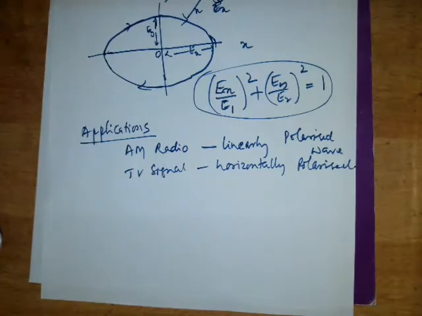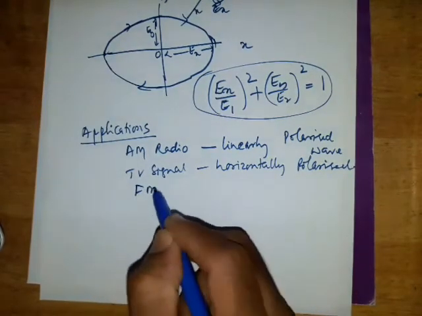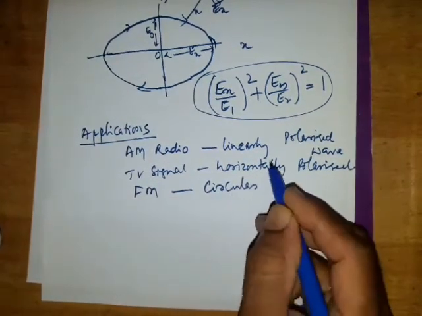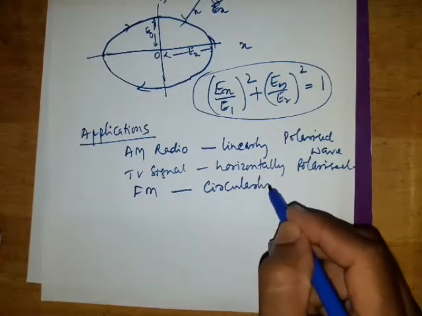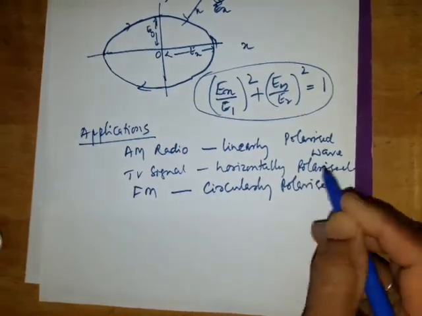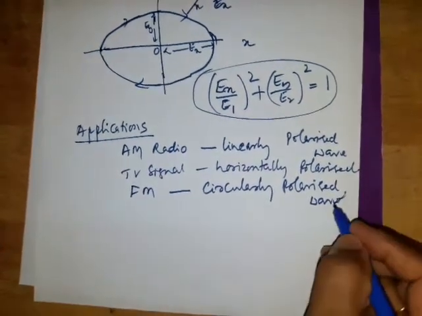In FM broadcast, it is usually carried out using circularly polarized waves.